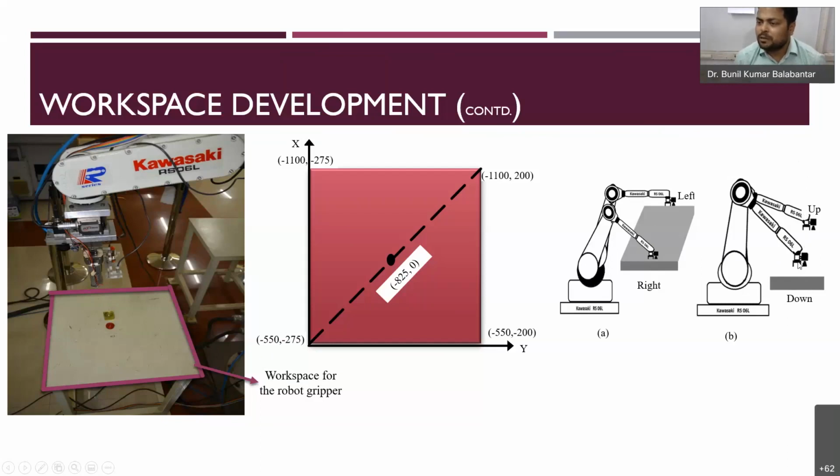Because if it goes down, right, it can hit the table. It can break the table also. So you have to know, if this is the table, then up to how much it has to go. That also you need to define here. So we need to program the robots accordingly, so the robot can do that.